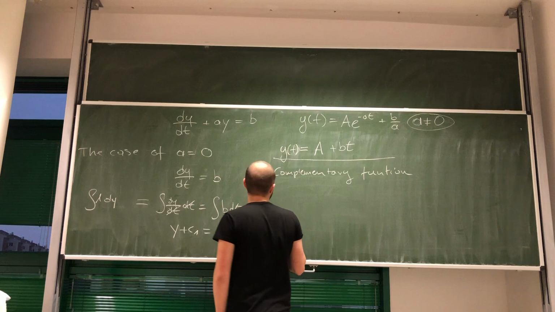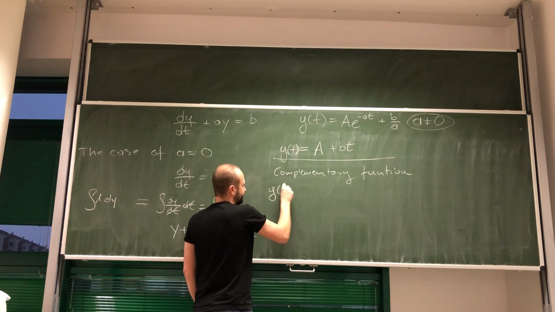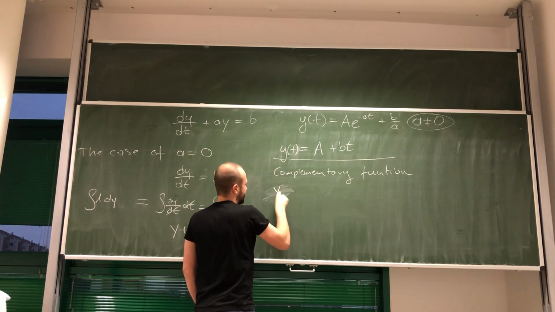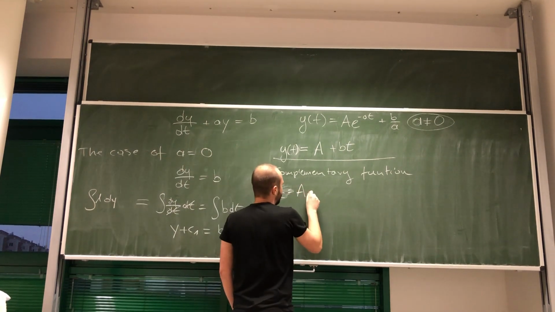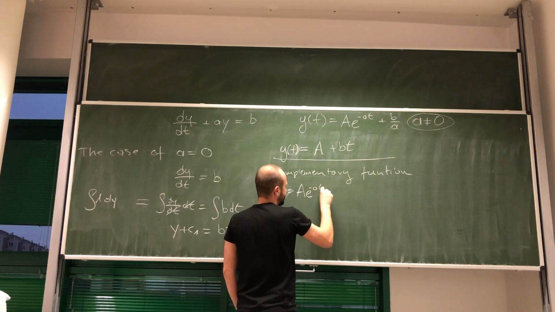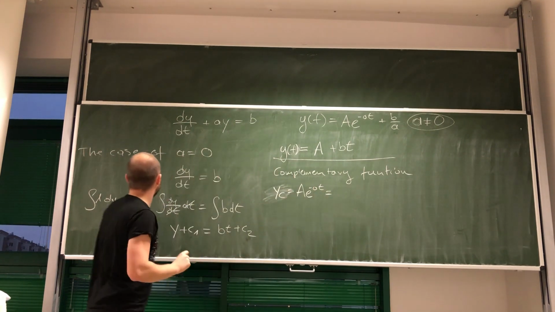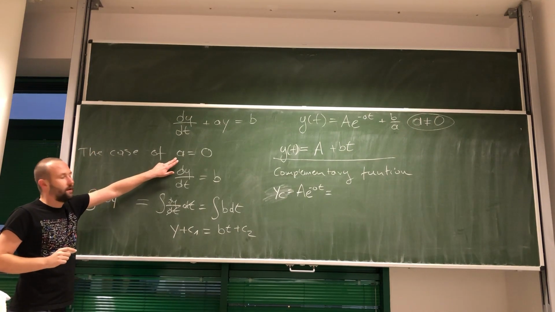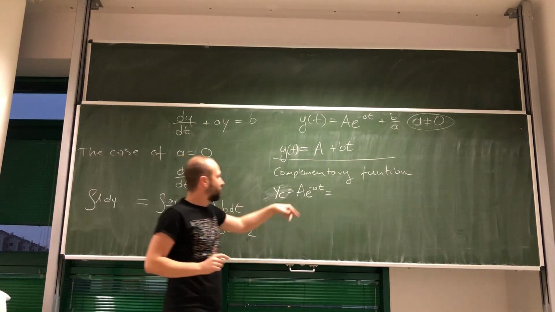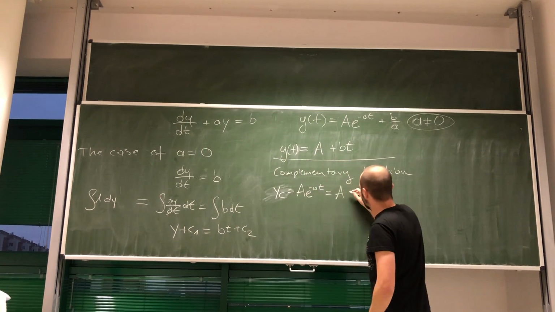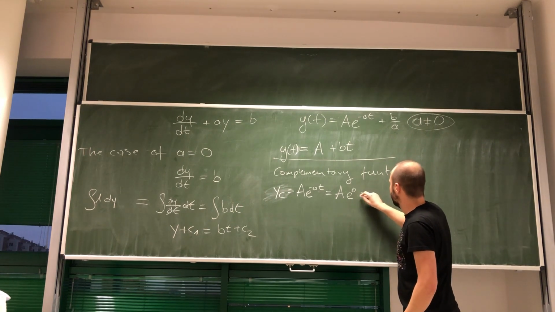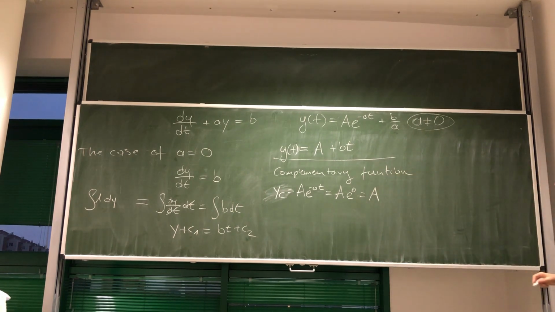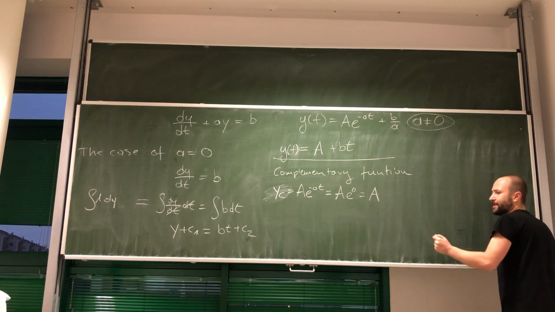We know the complementary function y_c is given by A e to the power negative a t, right? But in our case, a is equal to 0. So what we are getting is A times e to the power of 0, which is just A. So in this case, the complementary function is a constant.